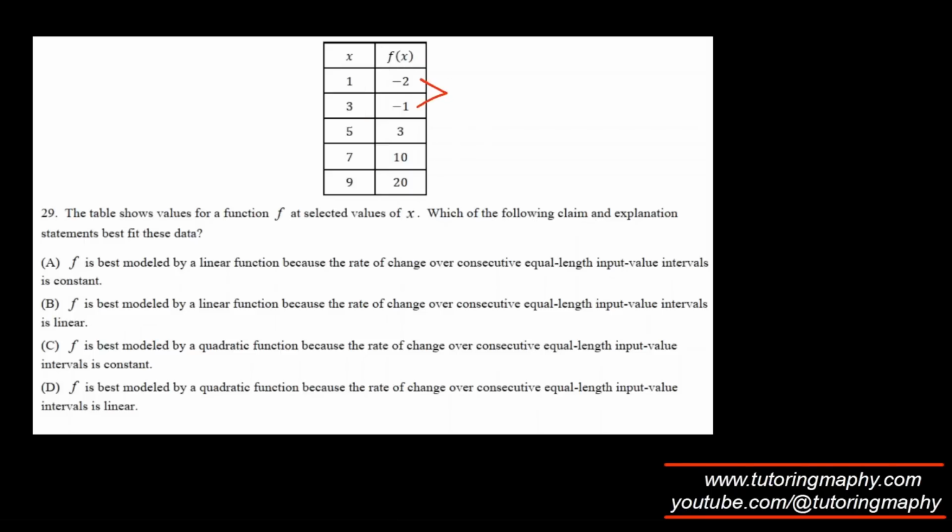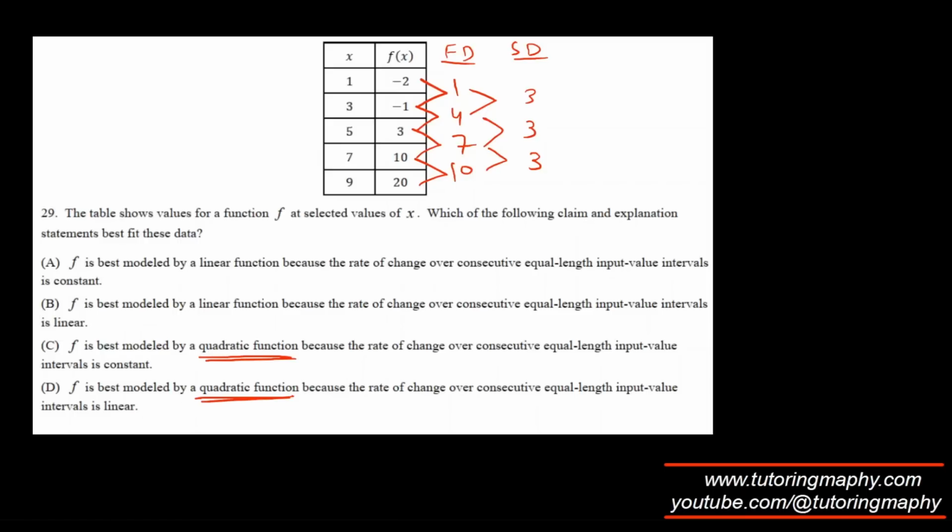So -5 minus -2 is 1. 3 minus -1 is 4. 10 minus 3 is 7. 20 minus 10 is 10. First difference is not constant, so it's not linear. Let's find second difference. So 4 minus 1 is 3, 7 minus 4 is 3, 10 minus 7 is 3. So yes, second difference is constant, so it has to be a quadratic.